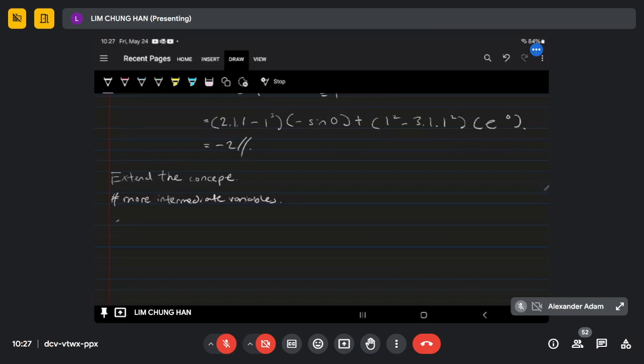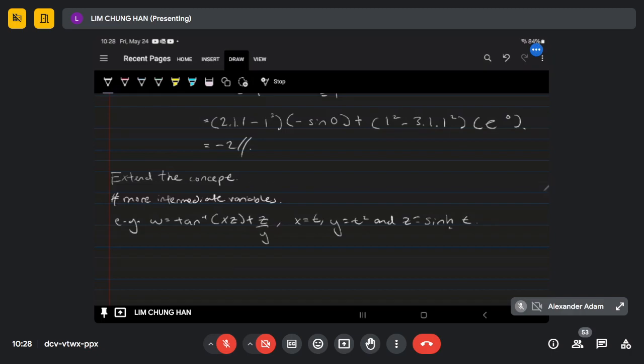For example, this question here: w equals inverse of tan of xz plus z divided by y. x is equal to t. y is equal to t squared. And z is sinh t.